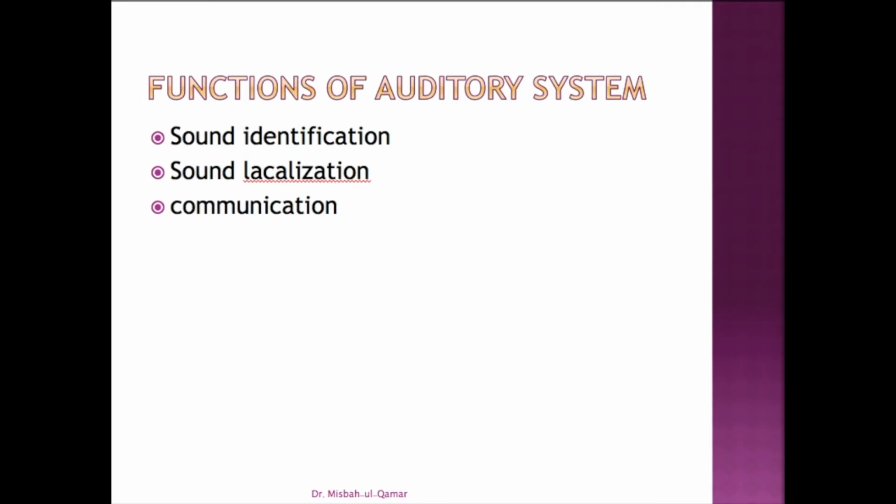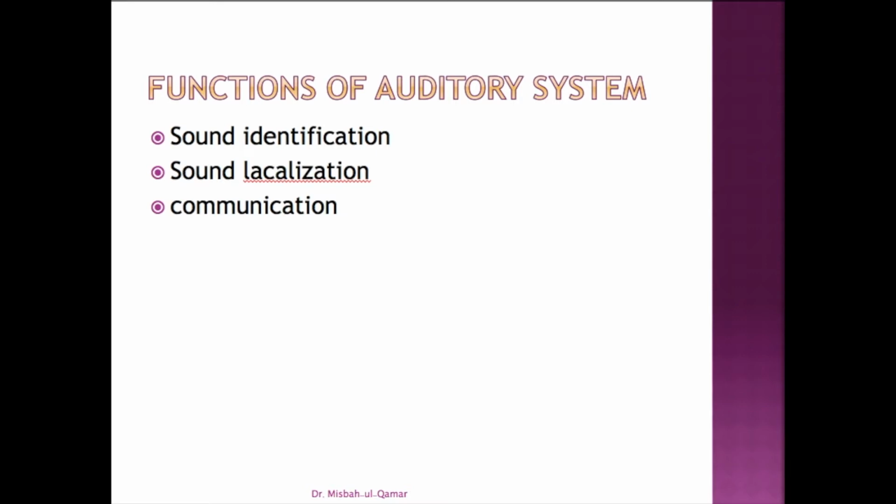If you're talking about sound identification, it would mean what is it? What is the frequency and intensity of this sound? And then you have to localize the sound, that from where it is coming.